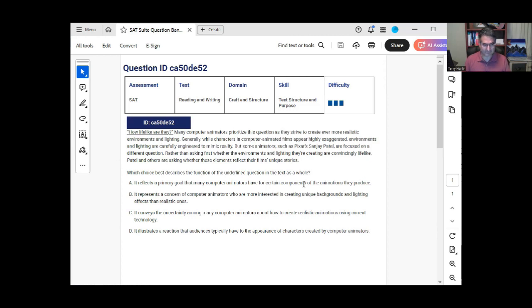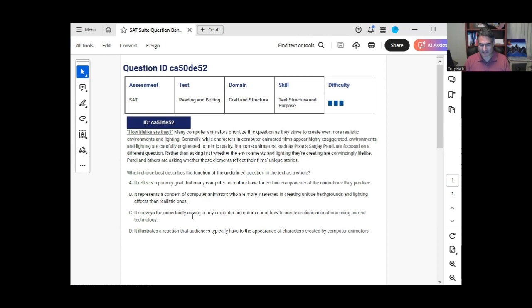I like A. Sounding good to me. Let's look at B. It represents a concern of computer animators who are more interested in creating unique backgrounds and lighting effects than realistic ones. It doesn't say that here. It may say that later on, but A is looking pretty good here.